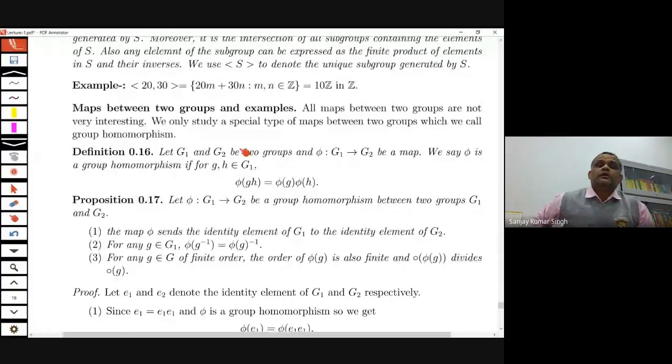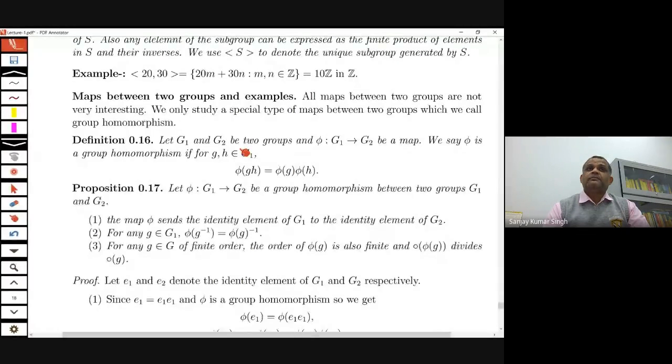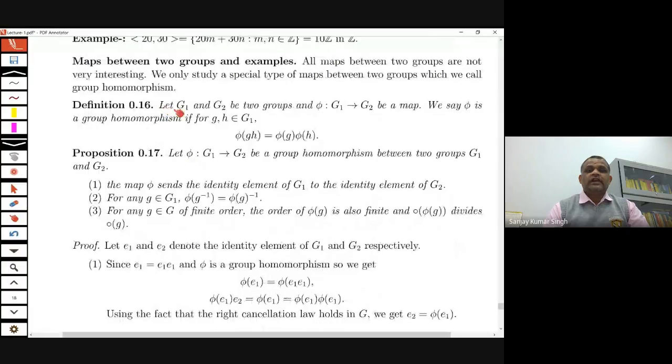So what we have done already is that we have studied a group and understood a subset. Now the question is: what about a map between two sets, and a map between two groups? So now we are going to understand what the nice maps between two groups are. Let G1 and G2 be two groups and let phi from G1 to G2 be a map.